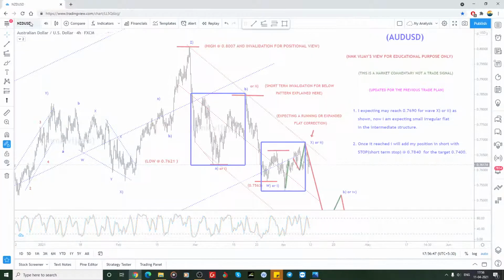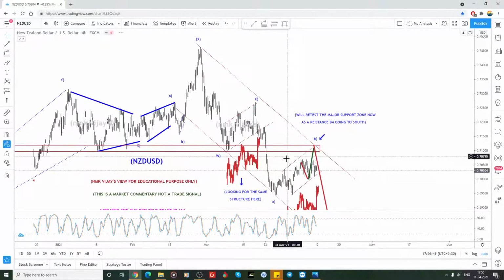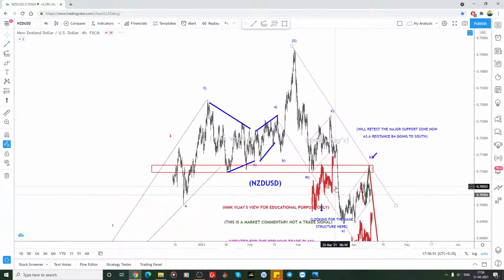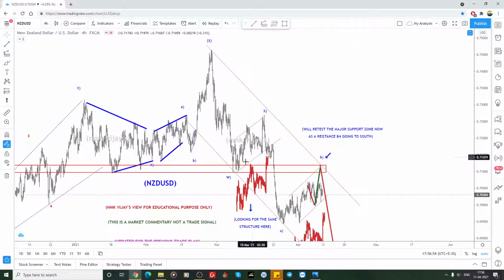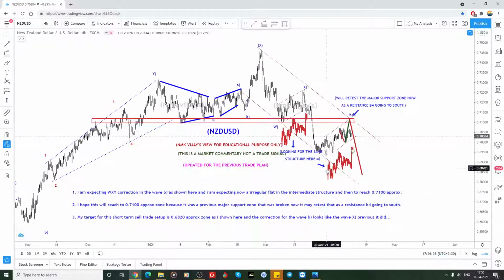In New Zealand also, I expect the same kind of wave formation is forming here. After that I'm expecting a downtrend, but here also 1 2 3 is already done.